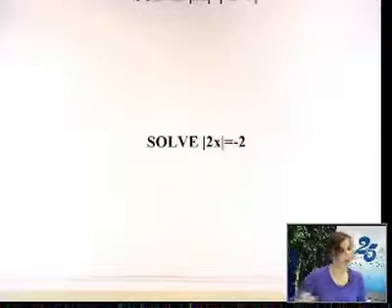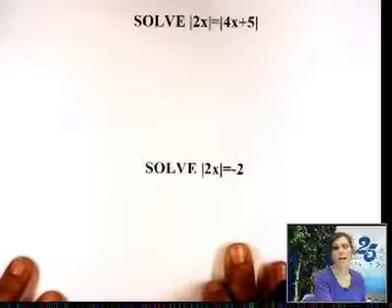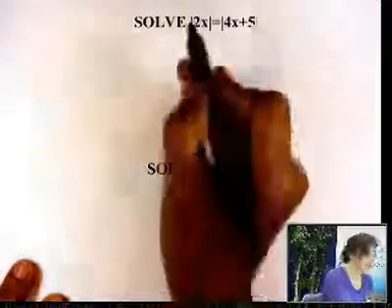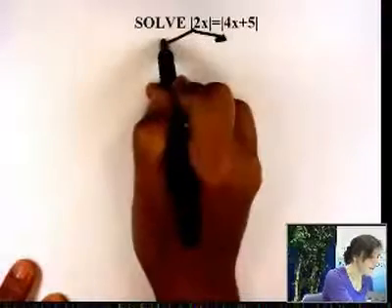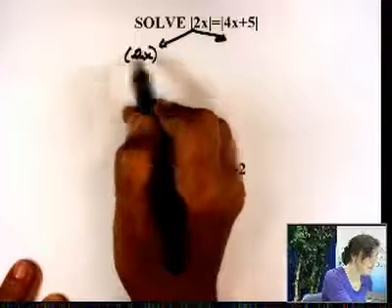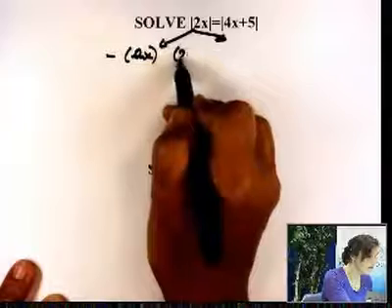Now, what happens when I have absolute values on both sides? So you're going to have this situation. This one is going to be either 2x negative or 2x positive.